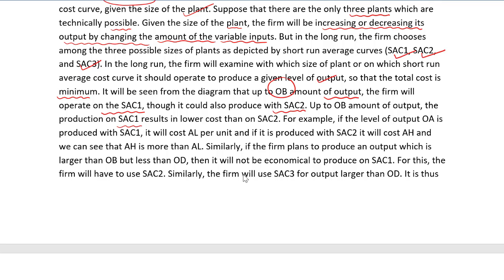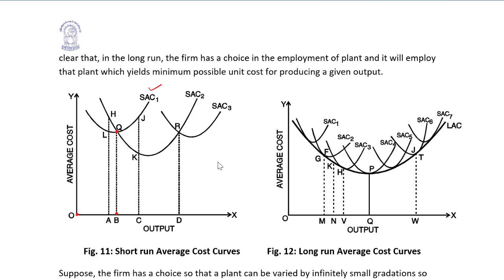The production is on SAC1 and as a result, it incurs a lower cost on SAC2. For example, if the level of output OA is produced on SAC1, it will cost AL unit if it is produced on SAC2. See it over here.